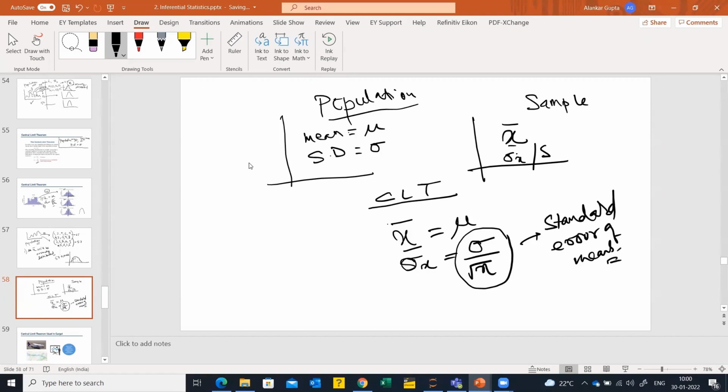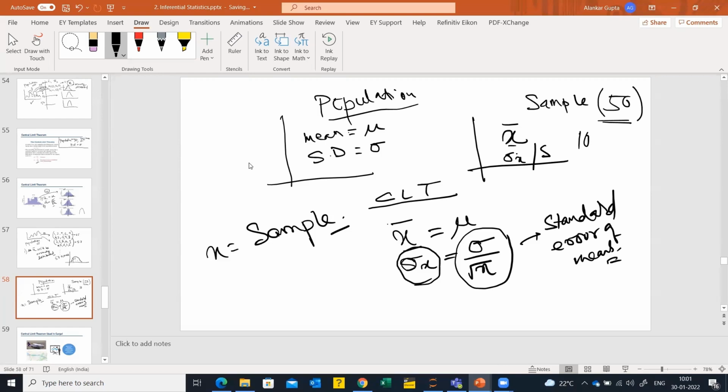N is the sample size here. So for example, if you take a sample size of 50, it will become root of 50. If you take a sample size of 10, it will become root of 10. Now we have to understand one thing: as the sample size increases, the standard deviation will actually reduce.